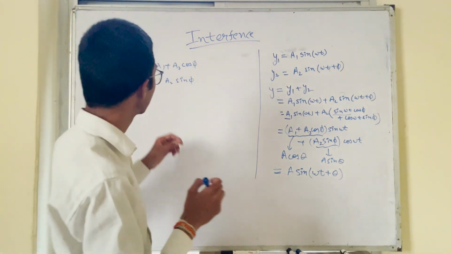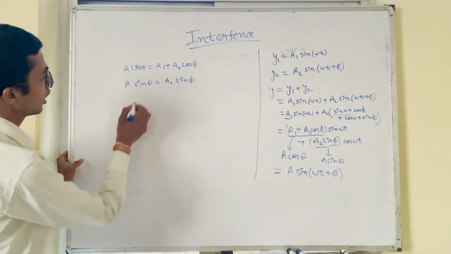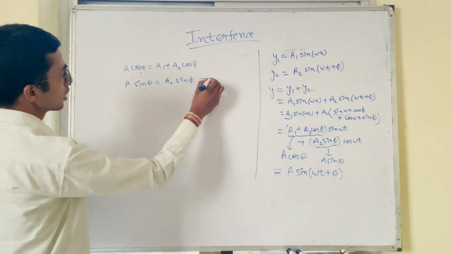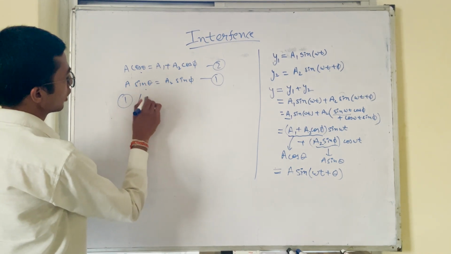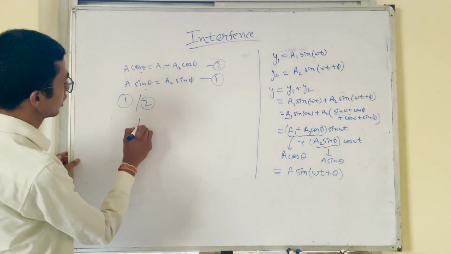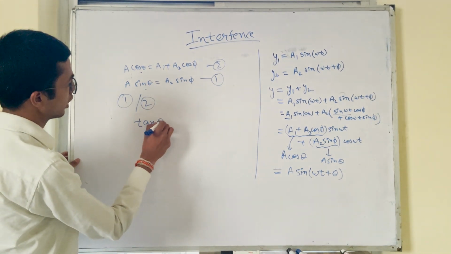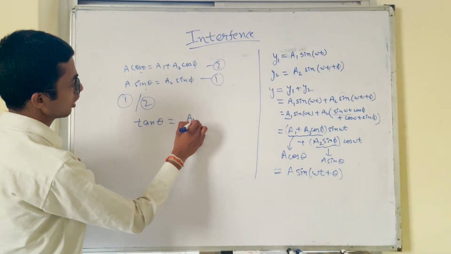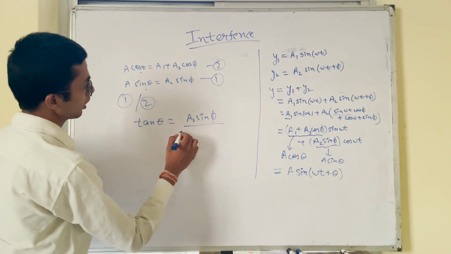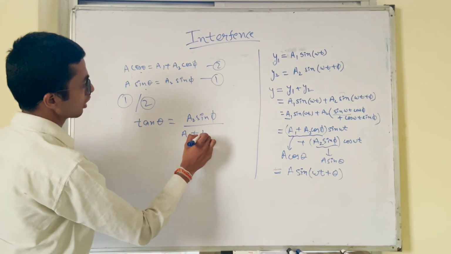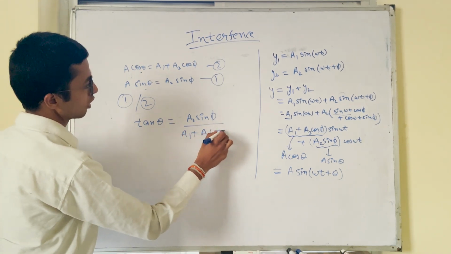From here I can find the angle theta by dividing these two equations. This is 1, this is 2, I am doing 1 divided by 2. So tan theta equals a2 sin phi divided by a1 plus a2 cos phi.